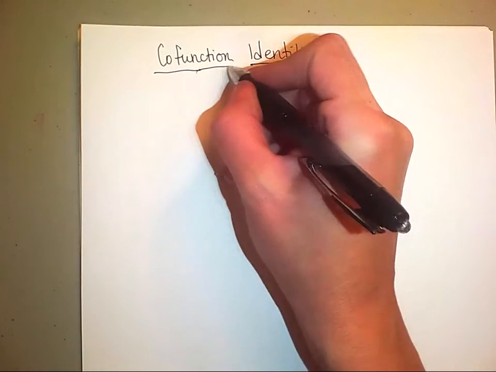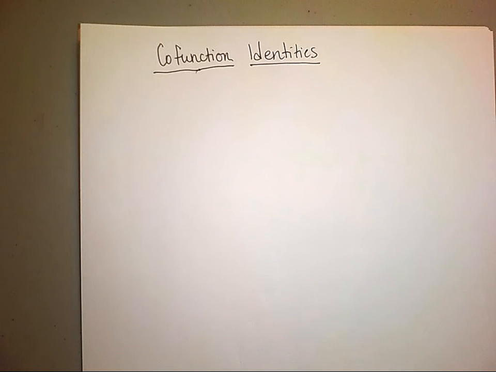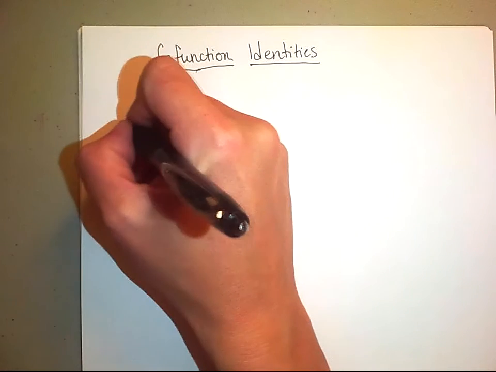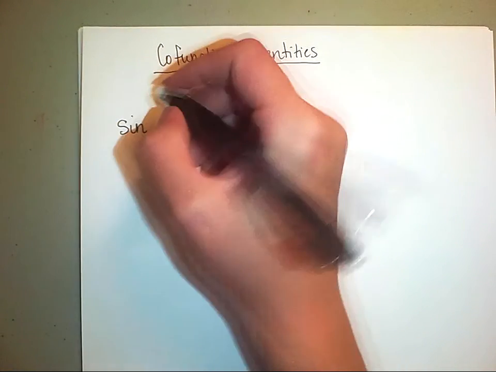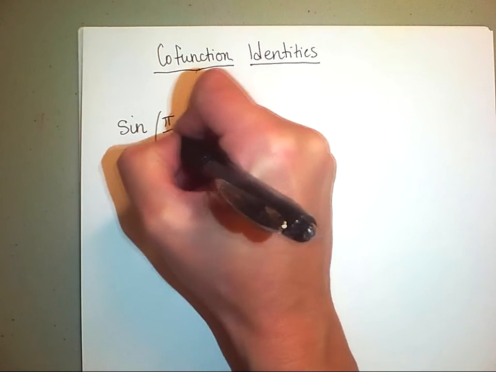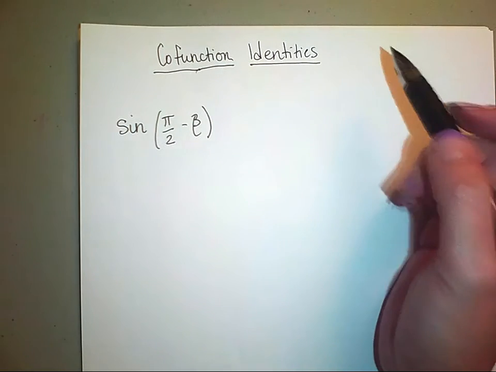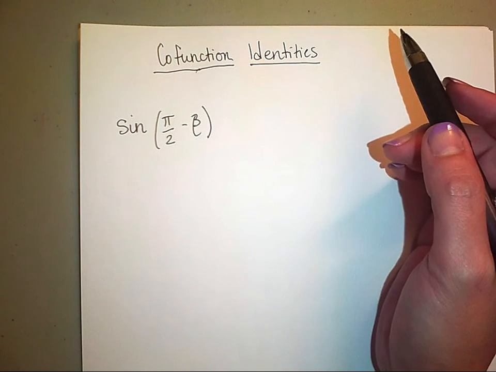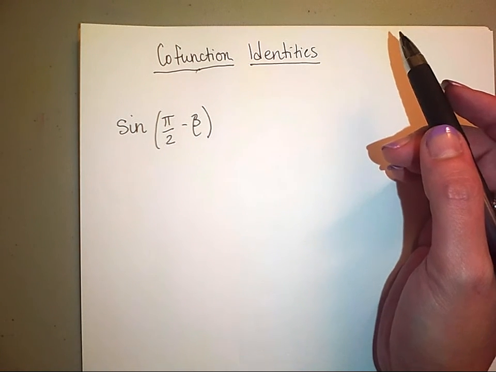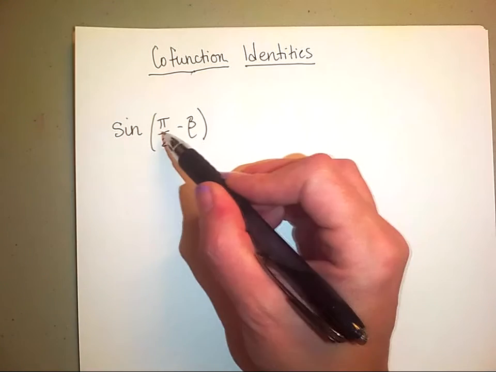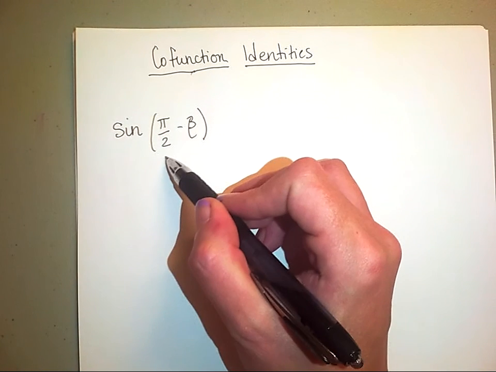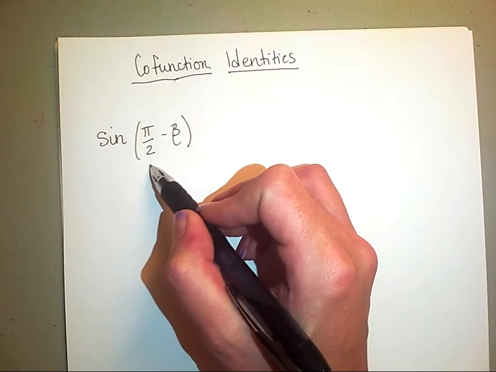Co-functions are the sine and the cosine, the tangent and the cotangent, the secant and the cosecant. So let's just say we had to look at the sine of pi over 2 minus beta. Co-functions of complementary angles are equal. Complementary means 90 degrees, and in radians 90 degrees is pi over 2.